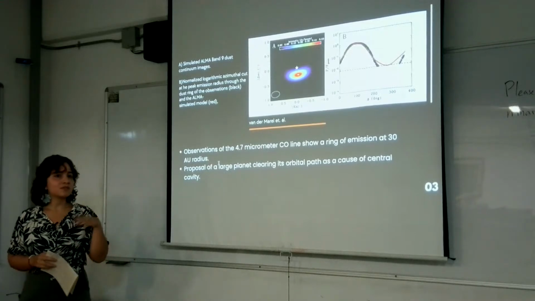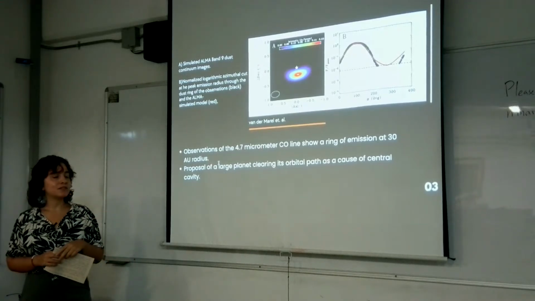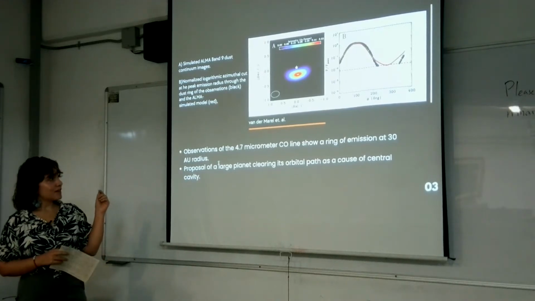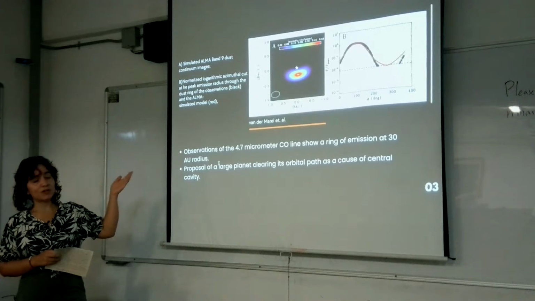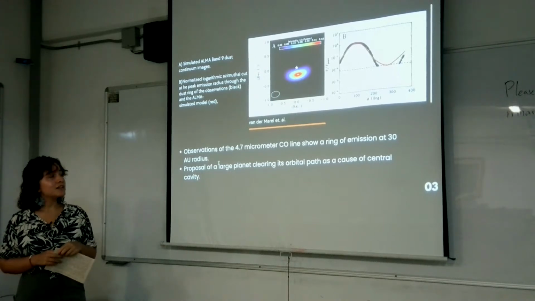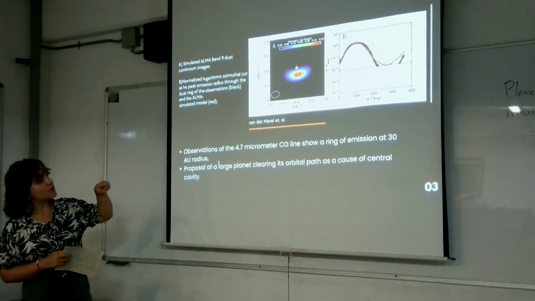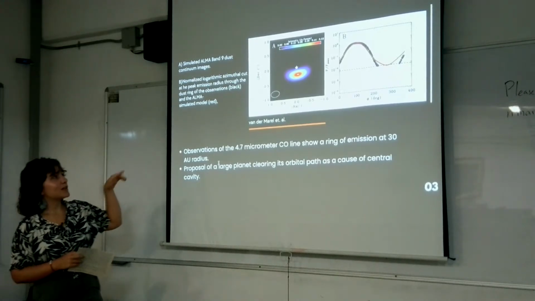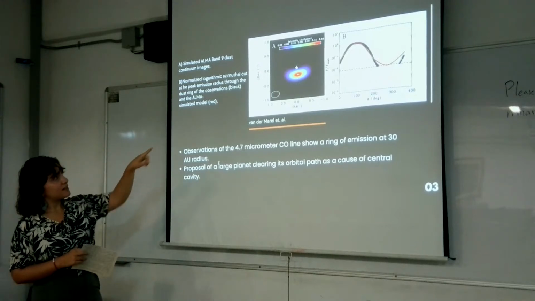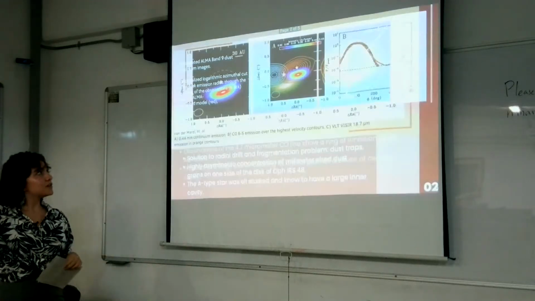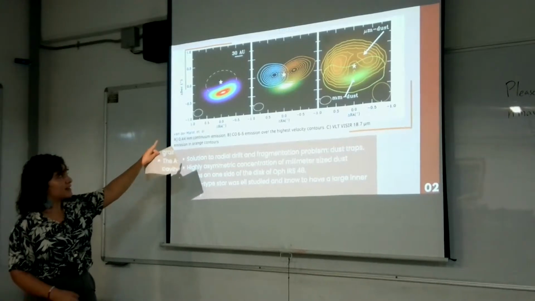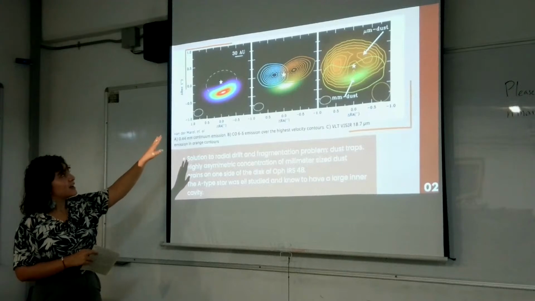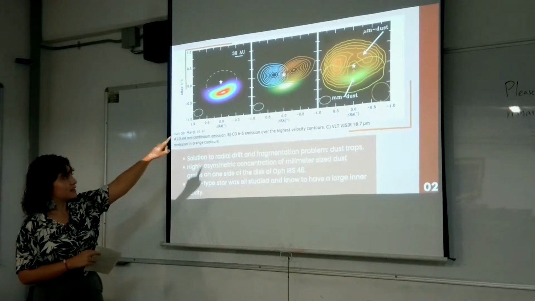So I'm going to talk a little bit about the results. The observations of the 4-7 mm CO showed a ring of emission at 30 AU radius, and we can see here the simulated in the previous. We saw the real data and the continuum from the data and the emission in the second one.